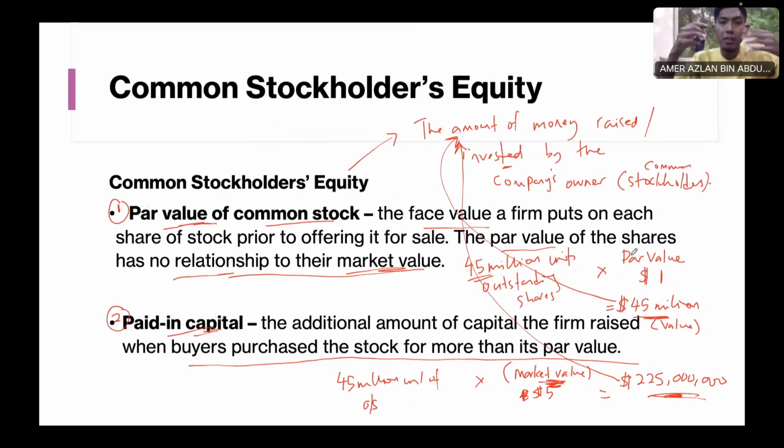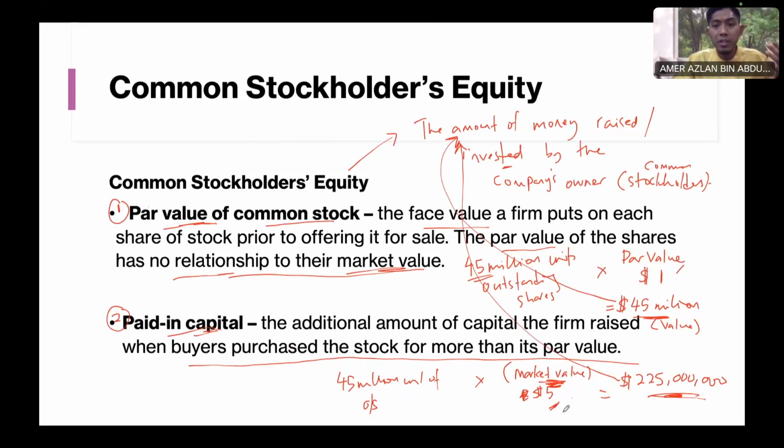If the stock is very popular, the value will further increase to $2, $3, $4, and $5. If you are an investor who is yet to own these company shares and you are interested in purchasing, you will buy at market value. You no longer get it at par value because that has passed.